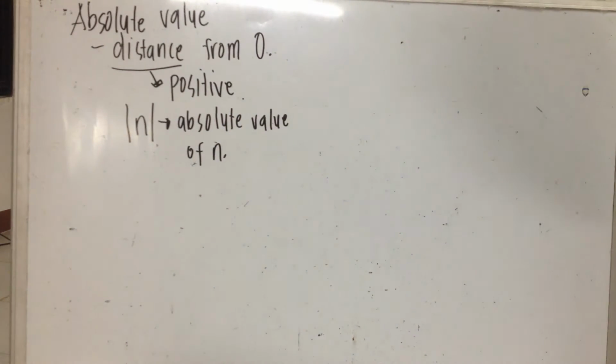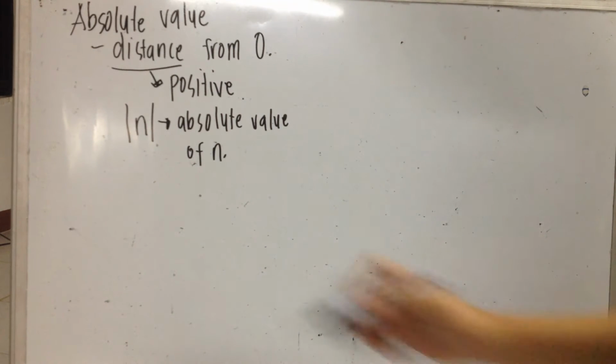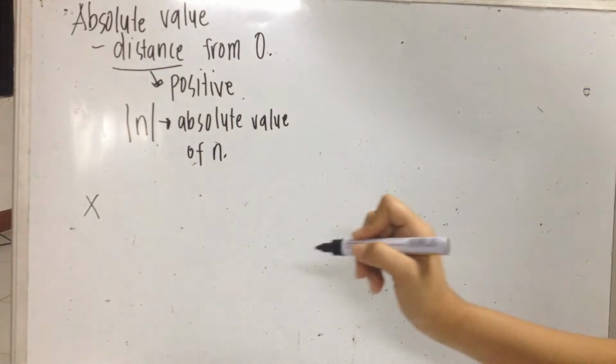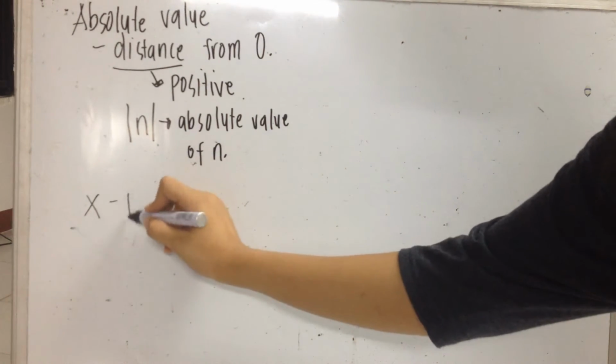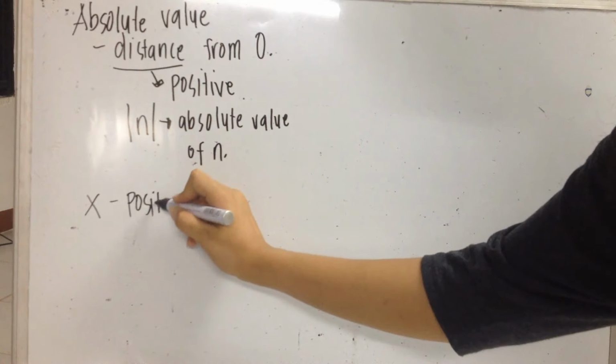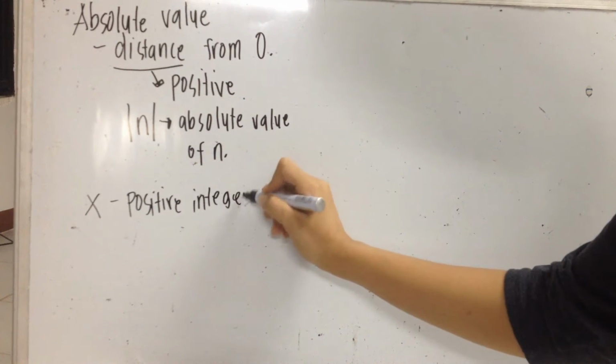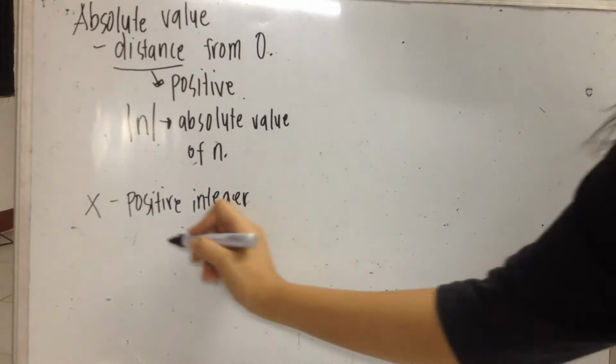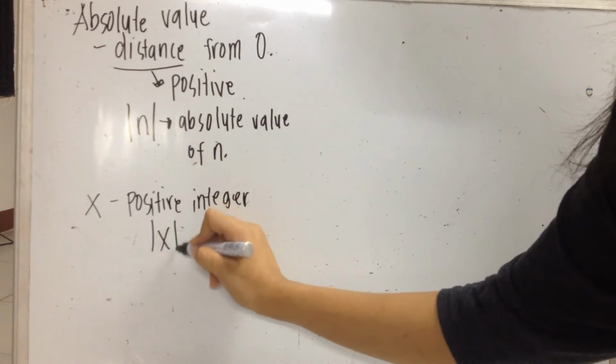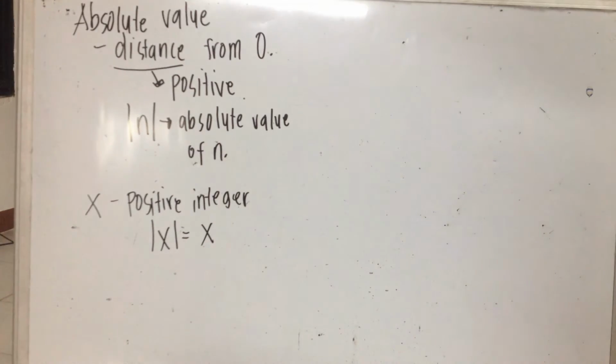Next. So, ito yung mga kailangan natin i-consider in an absolute value. So, kapag ang ating x ay isang positive integer, ang absolute value nito is x. So, the absolute value of x is x.